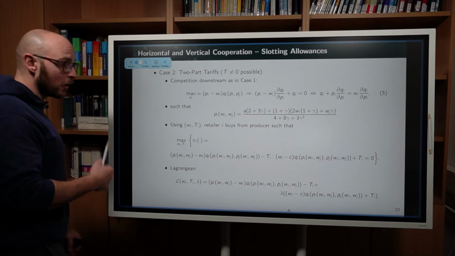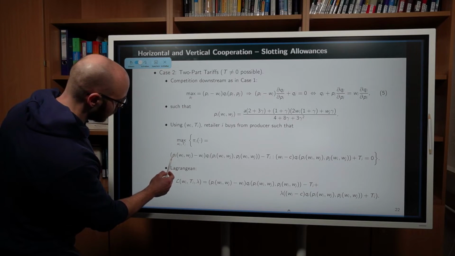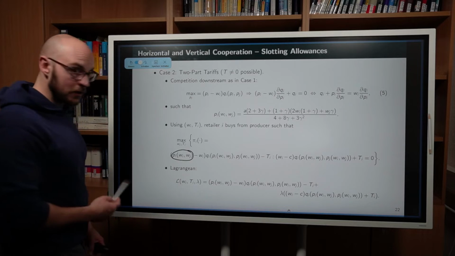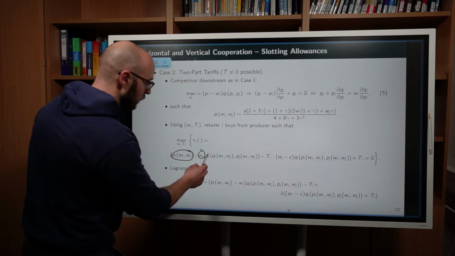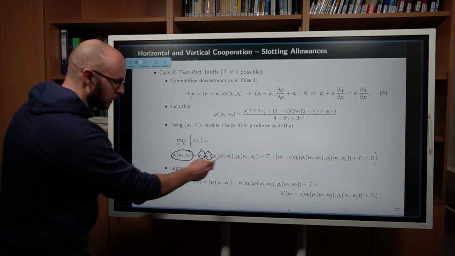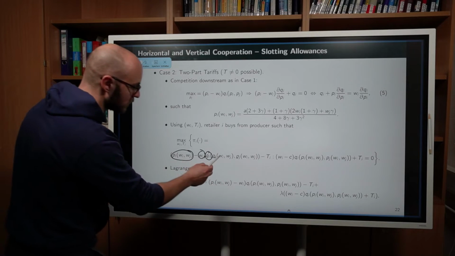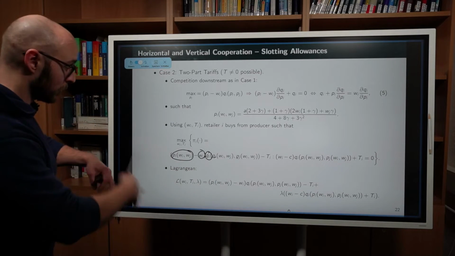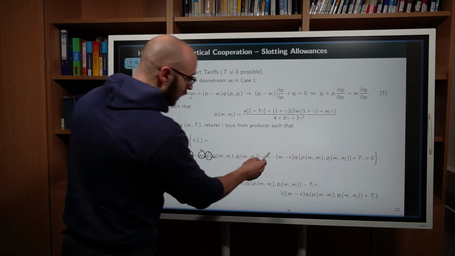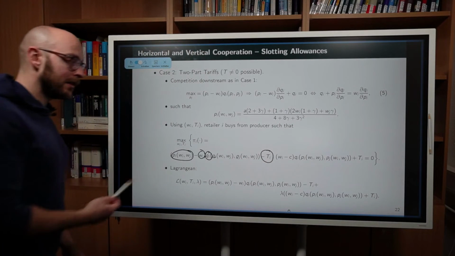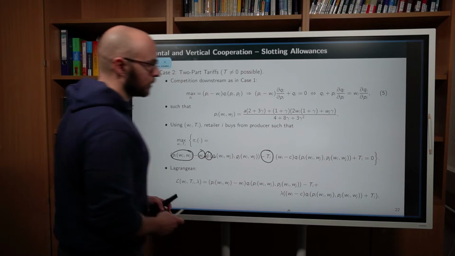And the profits look a little bit different because the retailer's profits are again a function of the retail price Pi minus wholesale price Wi times quantity, which is a function of Pi and Pj, and Pi and Pj are in equilibrium functions of Wi and Wj. That's important, and that's why it's a little bit confusing. And here we have the fixed fee, because the retailer knows that in addition to paying a wholesale price, it has to pay a fixed fee.